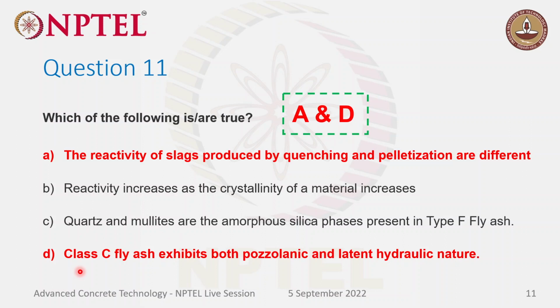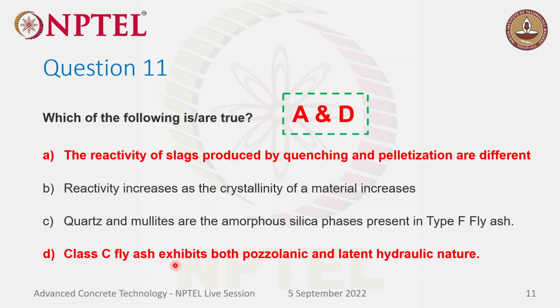And then coming to option D, Class C fly ash exhibits both pozzolanic and latent hydraulic nature. Yes, GGBS as well as Class C fly ash will have more calcium in it. Class C fly ash should have more than 18% calcium oxide in it. And coming to GGBFS, it will have around 40 to 50% of its composition as calcium oxide.